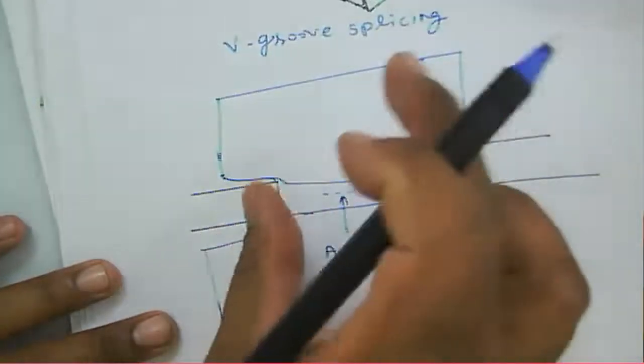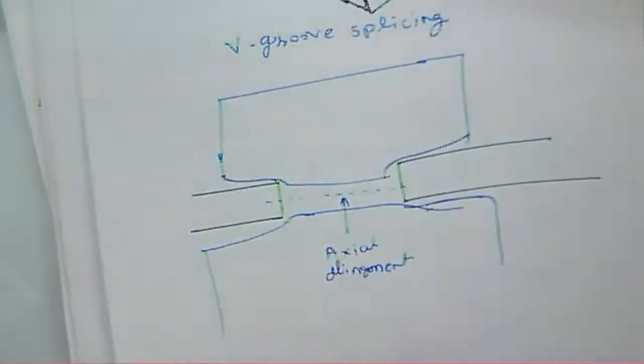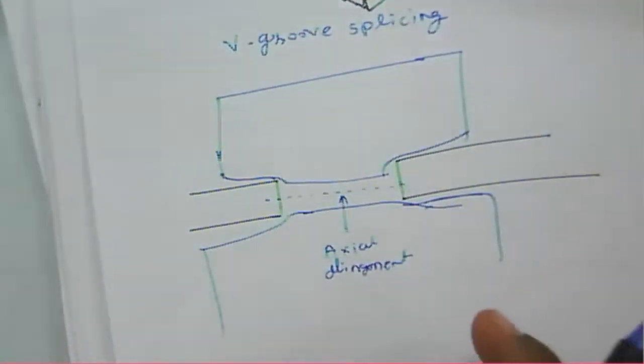This type of splice is generally used whenever we have only a single mode fiber.